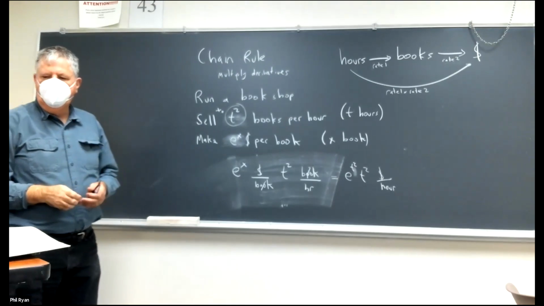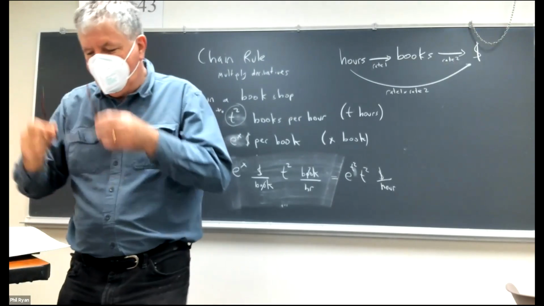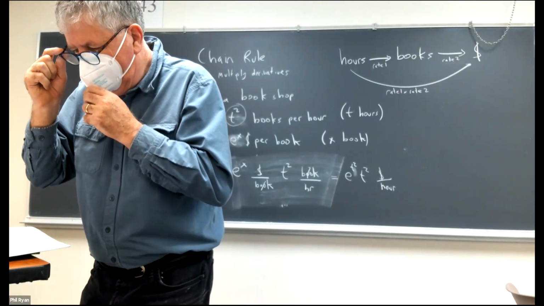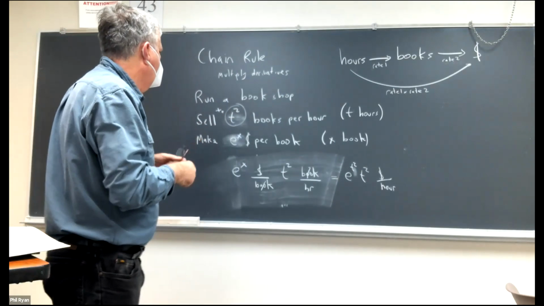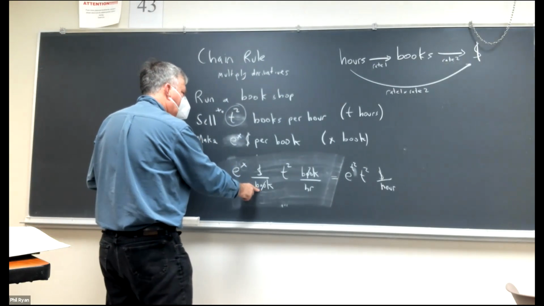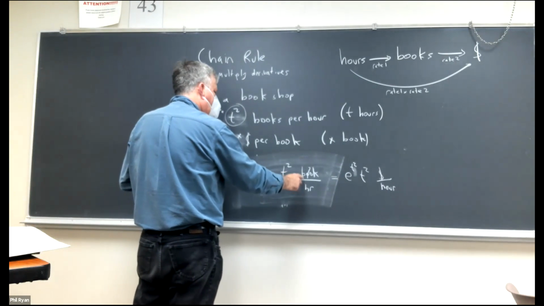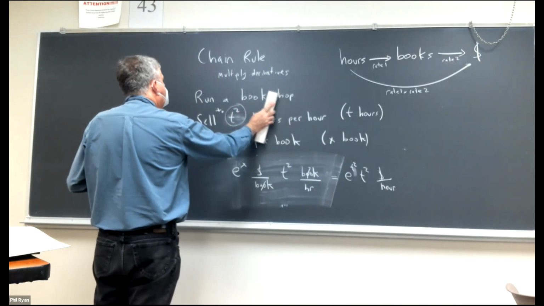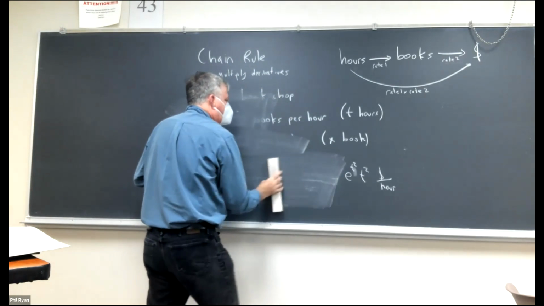Okay, so that's the backdrop. Let's do things in terms of derivatives. Here you notice we did dollars per book, books per hour. We've got dollars per hour. Let's get rid of this expression.